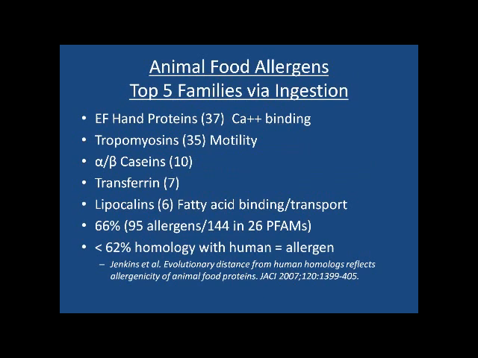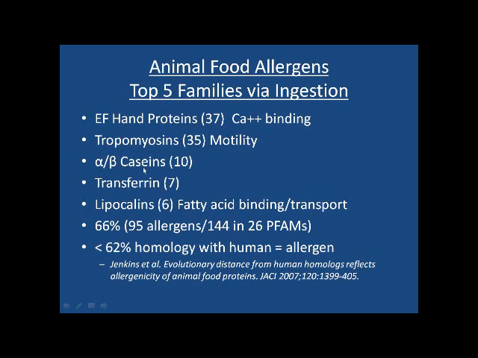Okay, what are the typical animal food allergens? This is the top 5 by ingestion. The EF-hand proteins, which is a description of their structure, are calcium binding proteins. The tropomyosins are involved in motility, not just of cells, but muscles and this sort of thing.